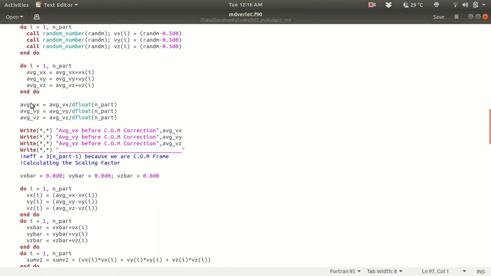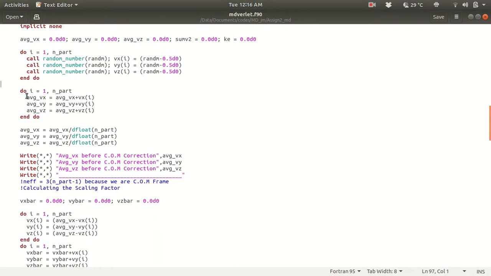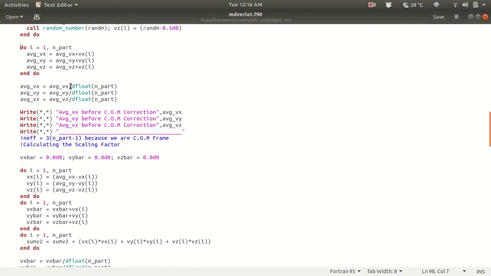And then to calculate the average velocity using these initial velocities, I add Vx, Vy and Vz to the average Vx, average Vy and average Vz, so that I sum over all the Vx, Vy, Vz. If I then divide by npart, the number of particles, we get the average velocity along the x, y and z directions.